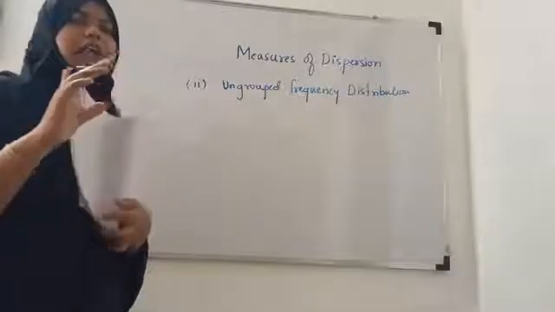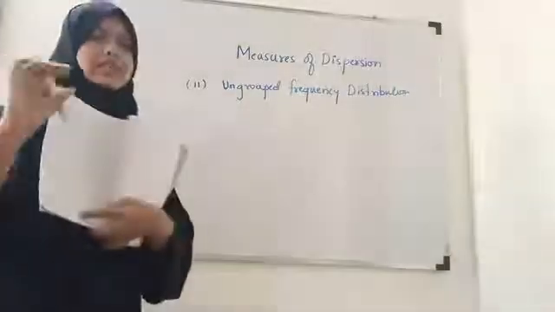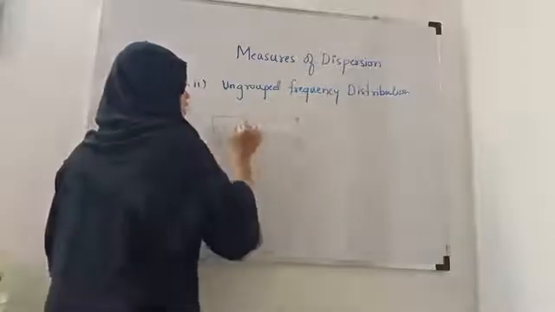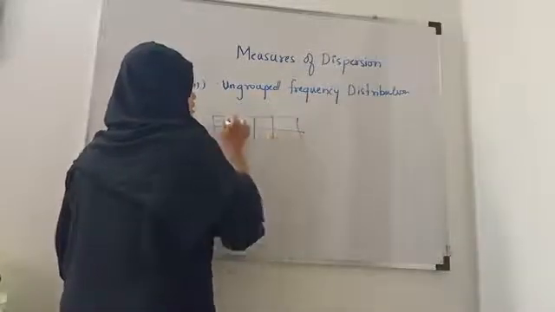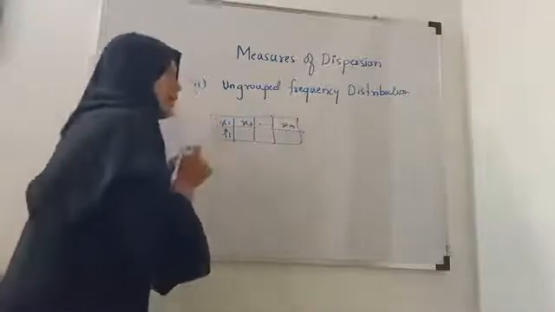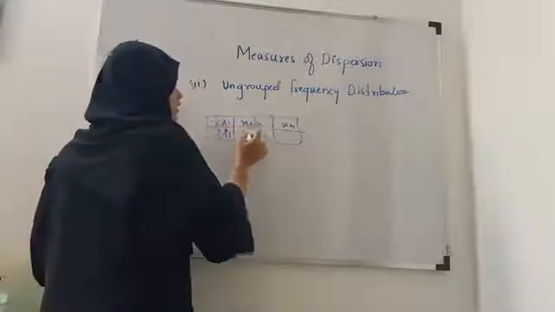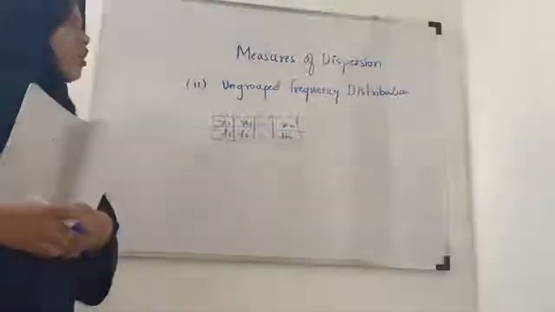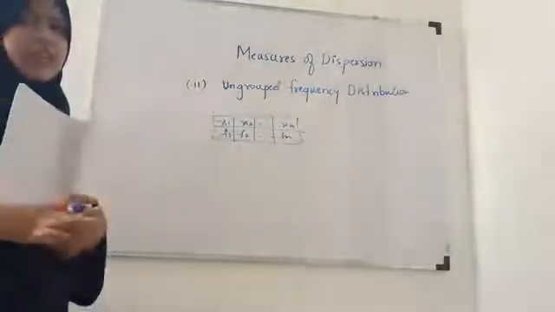That means the data will be given in the table form, xi's and the fi's will be given to you like this. x1, x2 up to xn, and together with that corresponding frequency for each of the observation will be given. So this type of data is called ungrouped frequency distribution.